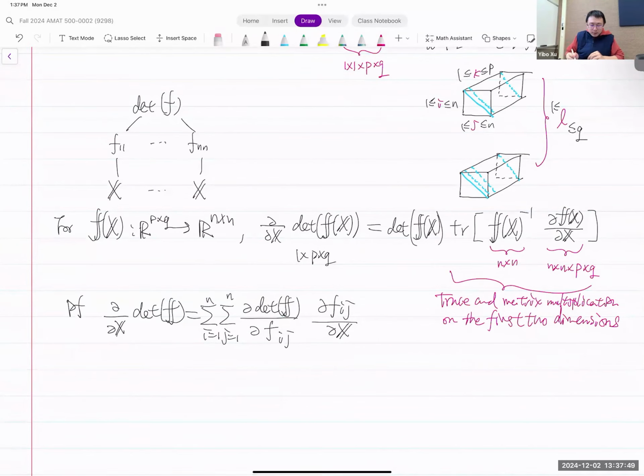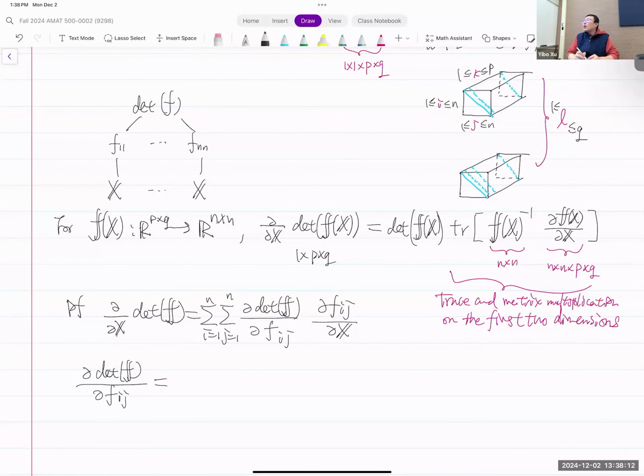And now let's look at the first partial derivative right here. What's this? It's the partial of the determinant of the output with respect to the ith row, jth column entry of my output matrix.